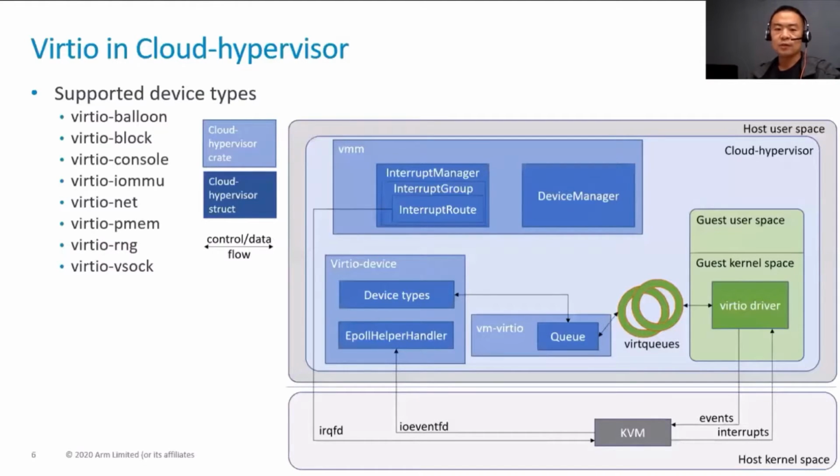The notifications from the VirtIO driver in the guest kernel are carried by ioeventfd, which are handled by the epoll helper handler. In the return trip, the interrupt manager can inject interrupts into the guest via irqfd.